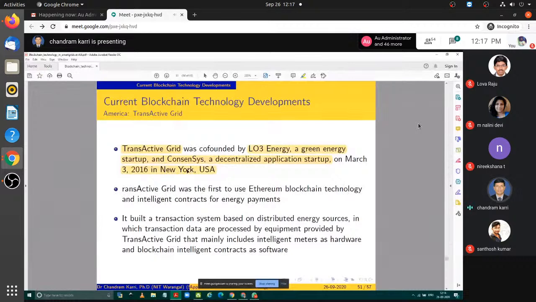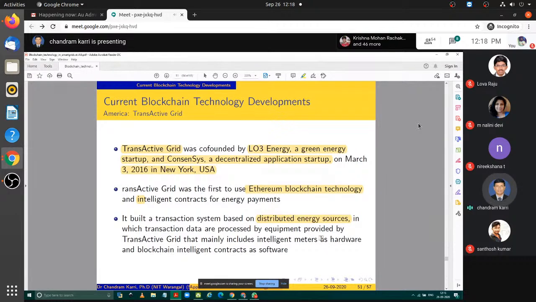This company is using Ethereum architecture based blockchain technology. And as I told, electricity is now a commodity. So the prime job is transferring power from one point to another point against payment. It's like a financial analysis. In that particular transaction they are using distributed energy sources and so many things.